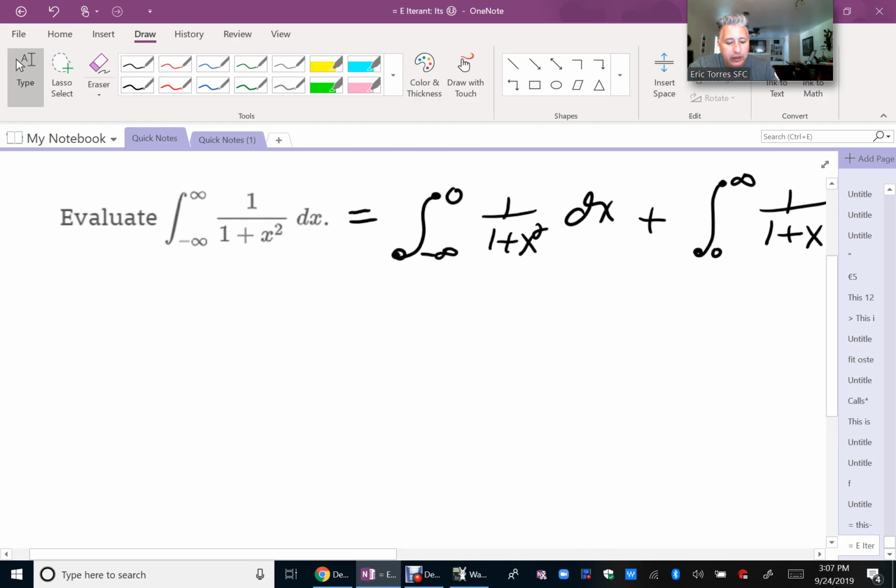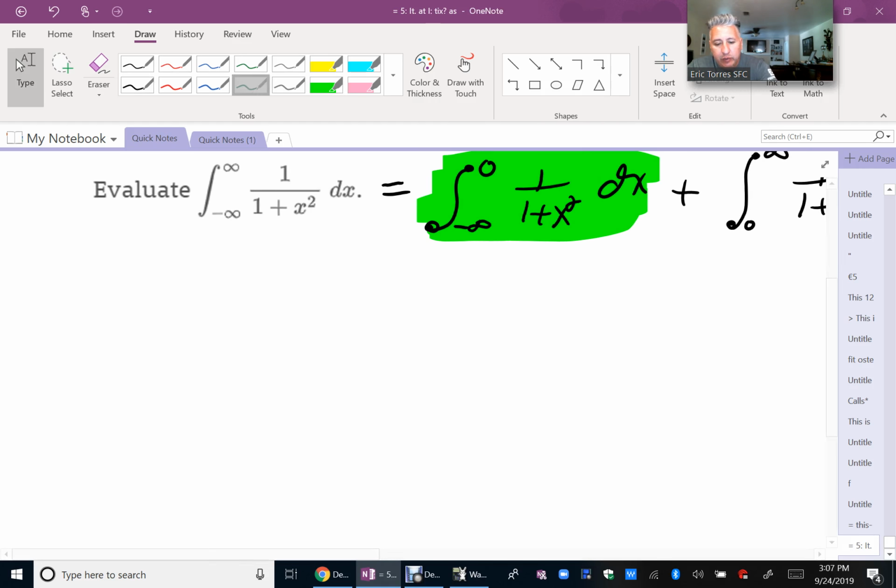So I'm going to work this piece first, and I'm going to work it in green, and we'll bring that over here. Actually, I'm going to redefine that as a limit.